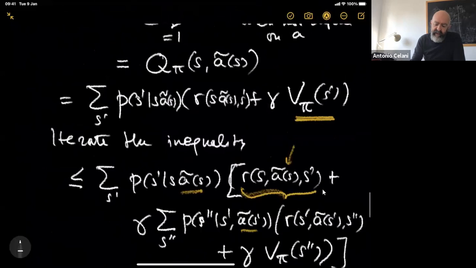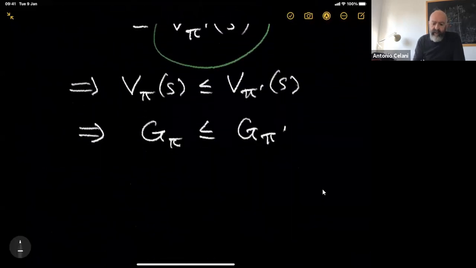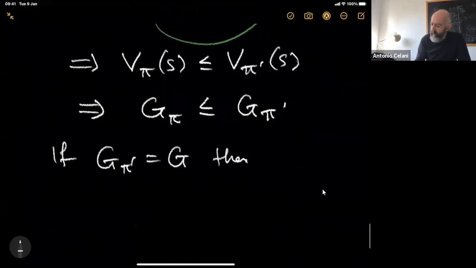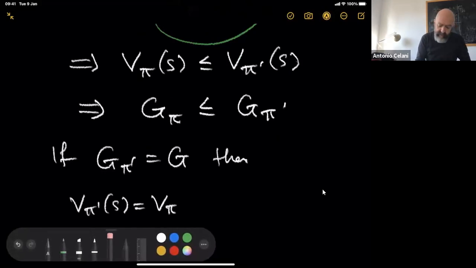Okay, final conclusion about this. What happens if there is an equality? If G pi prime is equal to G pi, then what do we have? Well, we have that this means that V pi prime of S is equal to V pi of S. But let's go one step at a time.